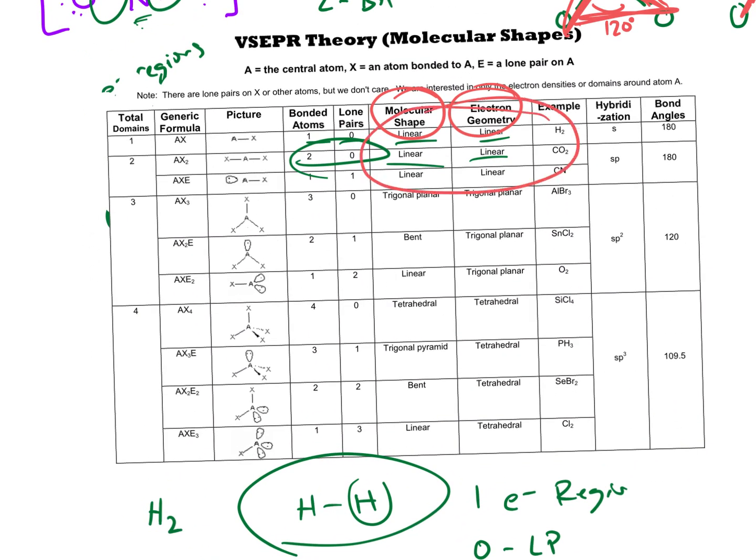If it's one or two regions, it's always going to be linear. Always. So if you don't want to put this whole sheet on your reference page, minimize it. If it's one or two regions, it's always going to be linear. Just know that. Okay?